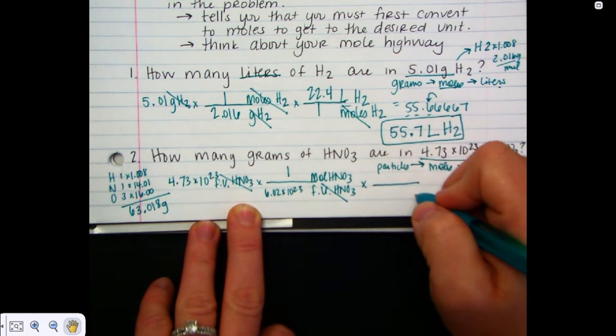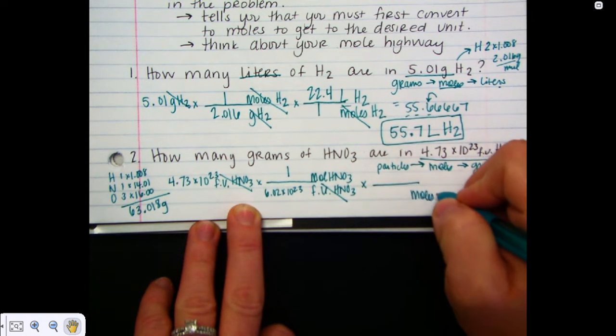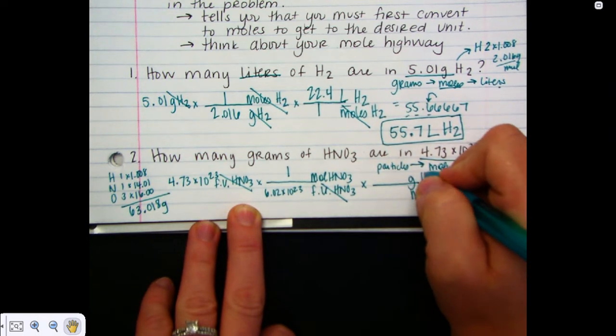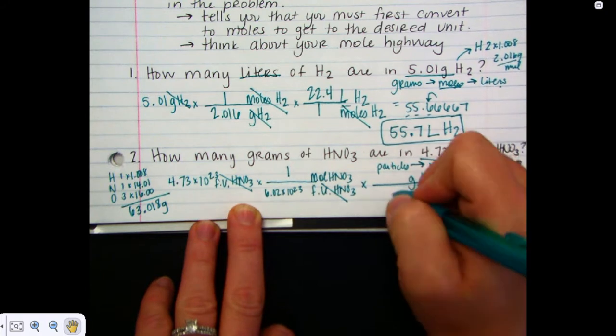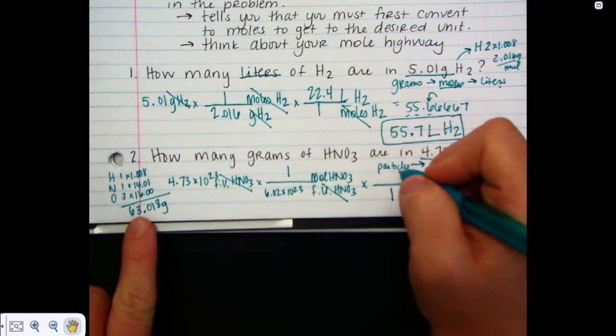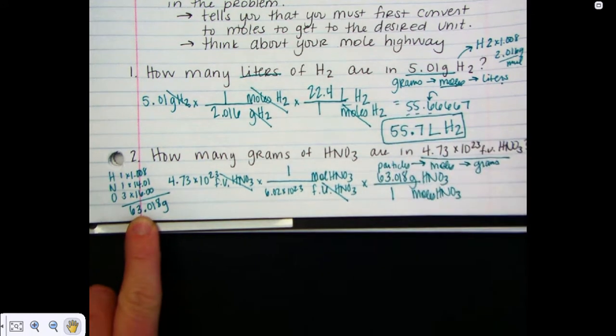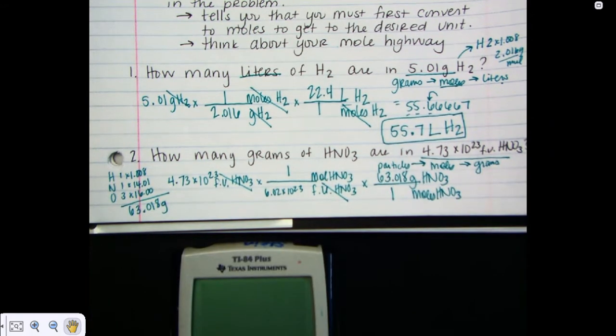Times, getting rid of moles. Moles on the bottom, moles of HNO3. I'm going to grams on the top, HNO3. 1 mole is equal to 63.018 grams. All right, so now let's type that in.